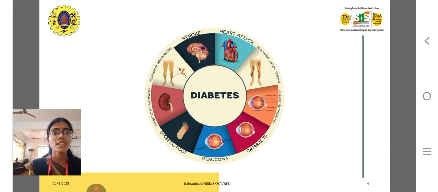Diabetes is not only a disease of lacking insulin, but it also leads to various health issues. It will affect one by one. Diabetes will affect the kidney. A patient with untreated diabetes will suffer kidney failure. Diabetes also leads to heart attack when the pancreas does not work properly.